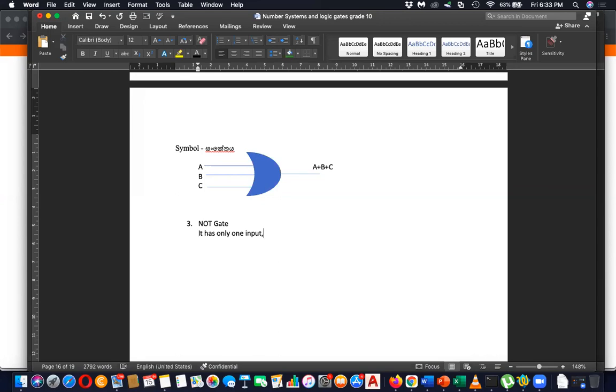It has only one output. It has only one input and one output. Okay, so what it does, it inverts the input. So let's go and see the circuitry behavior.